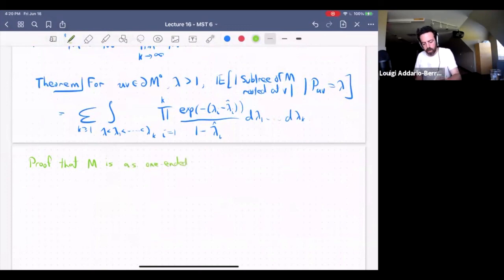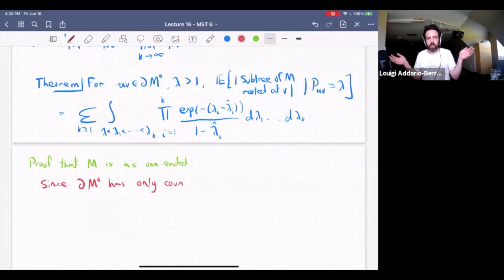We only have to check that this integral is finite once, because this boundary has only countably many edges. The whole Ulam-Harris tree only has countably many edges, and this subtree is a subset of that.